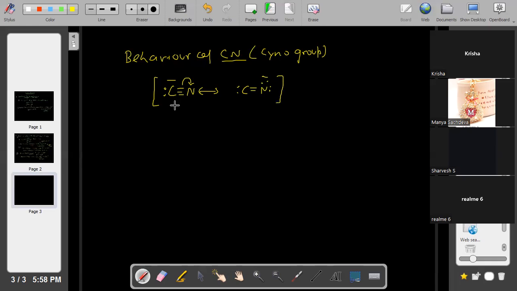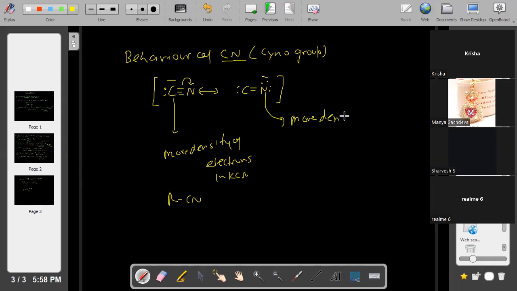So it is ambident. There is more density of electrons on nitrogen.